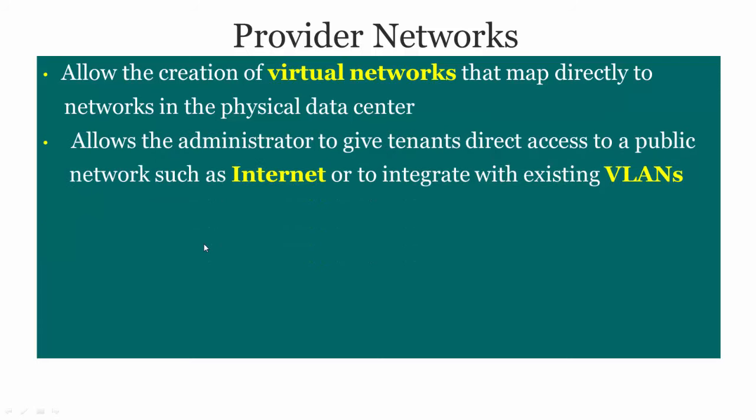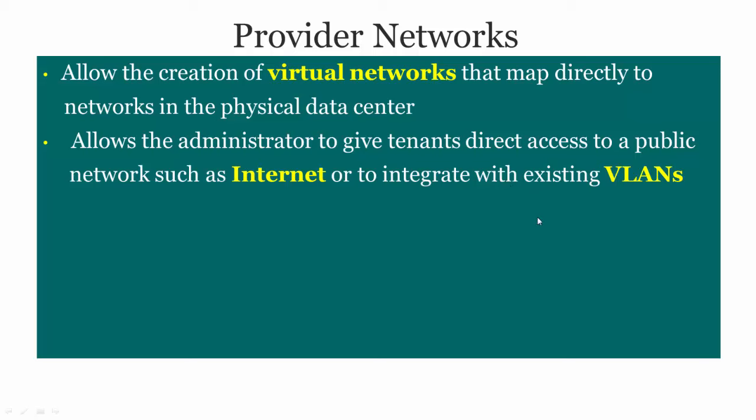Also, provider networks allow the administrator to give the tenant direct access to public networks such as the internet. In the previous page, I already explained that a tenant network will normally have a private network address, and the virtual machines which bring this network address from the tenant must be connected to a public network address like the internet. In this case, a provider network is needed to provide this network to the virtual machines.